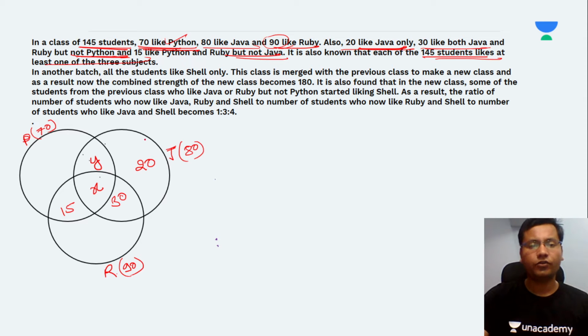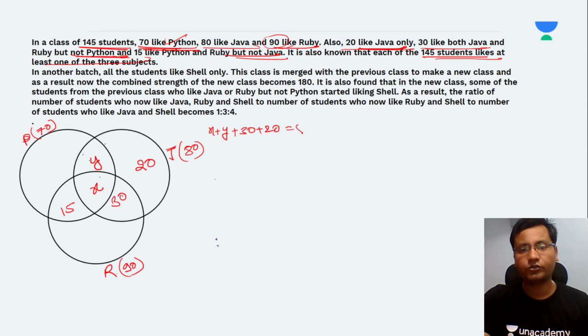Now the whole circle, the summation of the Java circle, is equal to 80. So can I write x plus y plus 30 plus 20 equals 80. Now look at the Python circle. Let's say this is z. So this is x plus y plus z plus 15, and that has to be equal to 70.